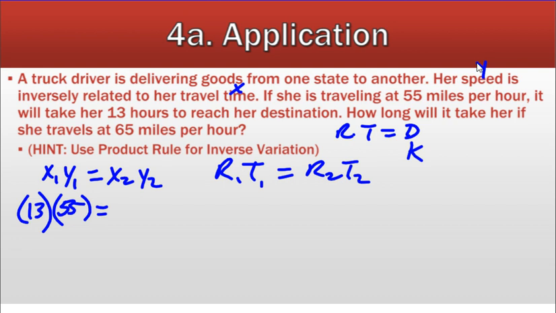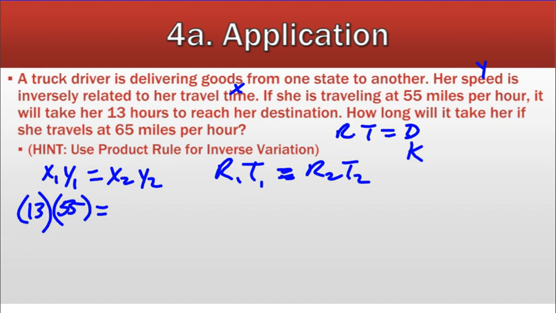The distance is going to be the same no matter what, because they are traveling the same direction. So here you do rate times time equals distance. You're still going the same distance, it's just the amount of time that you're taking and the speed that you're using. So that's why I'm having them both equal to each other.